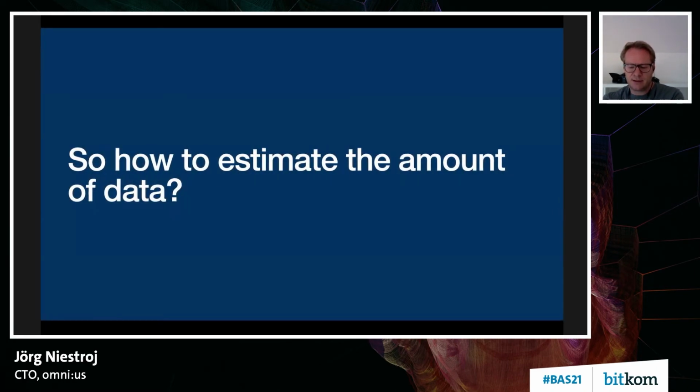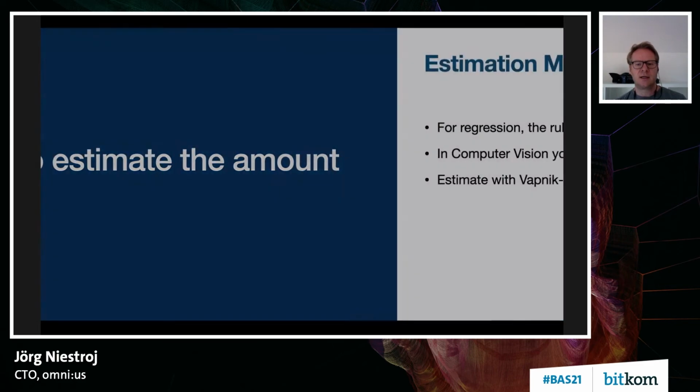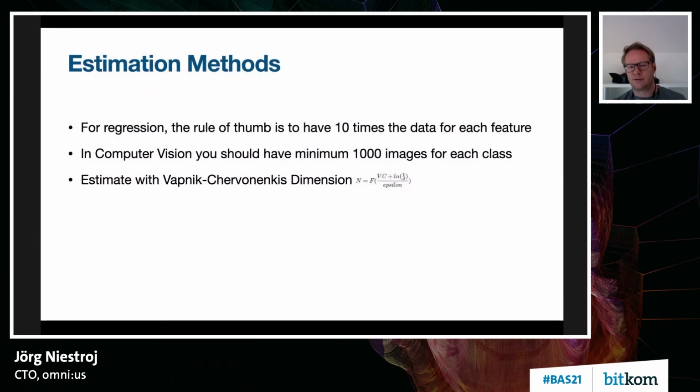So if you then choose your use case, select the method and check your data, how do you estimate how much data you need? There are several methods to do it. There's the rule of thumb for regression, for example, that you need 10 times more data than you have features. Or in computer vision, you should have a minimum of 1,000 images for each class.